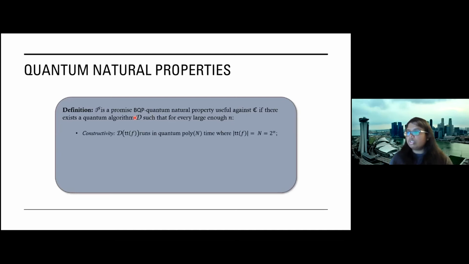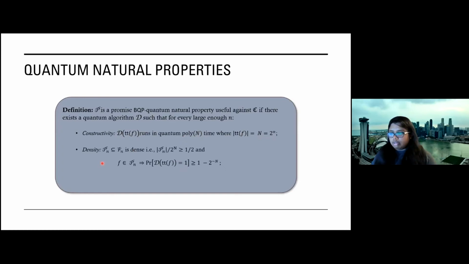What are those? Well, it should be constructive. If I'm given the truth table of a function, which could be a 2^n bit string, the algorithm runs in time polynomial in the size of the truth table, and it can decide whether the function has the property or not.